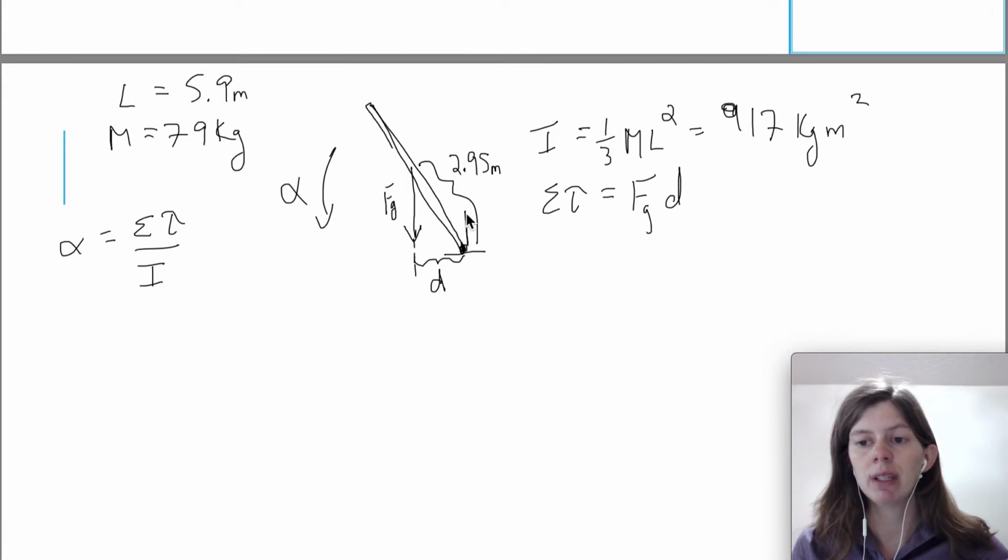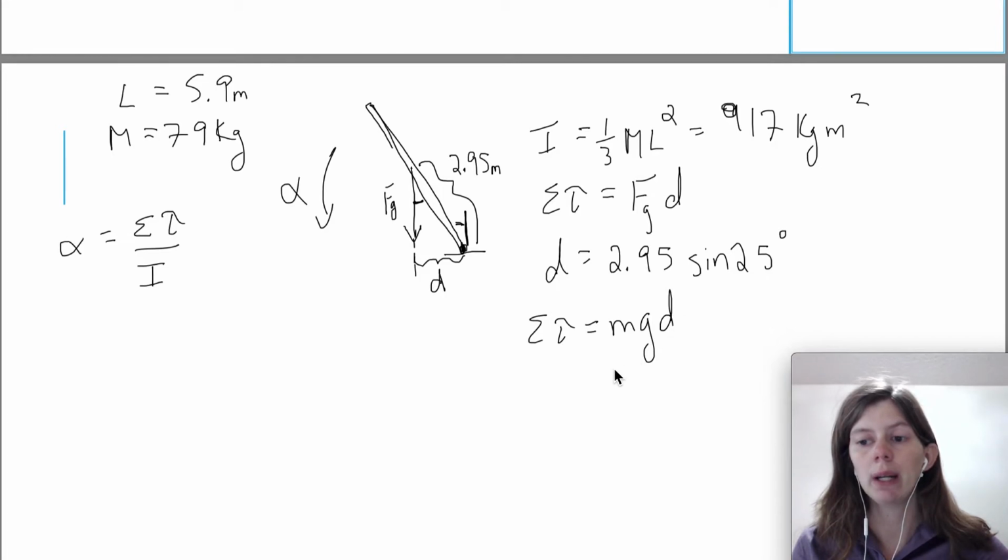Since we have this angle right here, which is 25, which is the same as this one, we know that d is opposite, so it's going to use the sine. So d is going to be 2.95, the hypotenuse, times sine of 25 degrees. And Fg is the weight, so that means that the net torque is going to be mg times d.